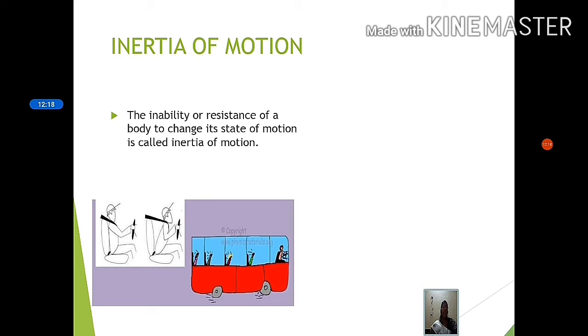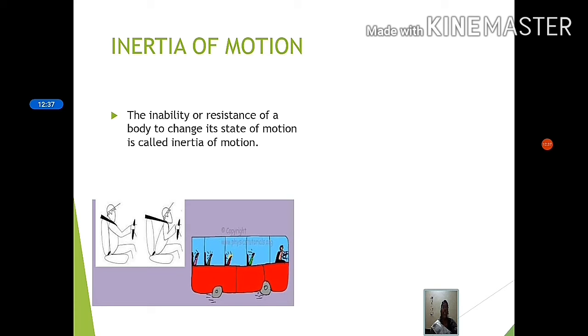Now, inertia of motion. The inability or resistance of a body to change its state of motion is called inertia of motion. Look at the picture. There is a vehicle. What happens there?